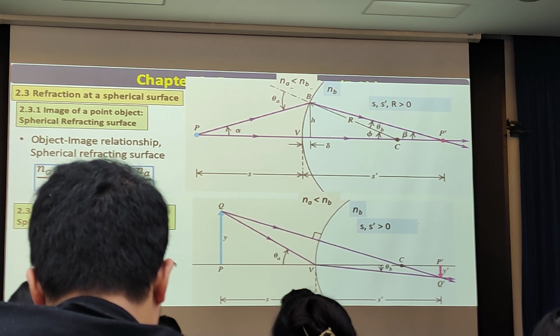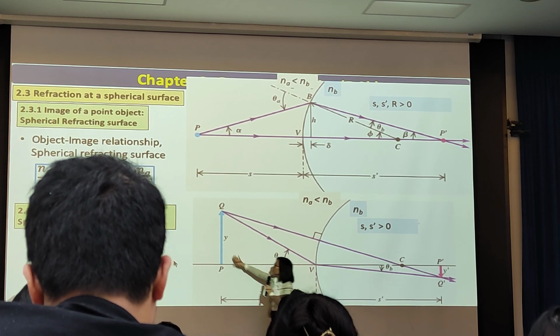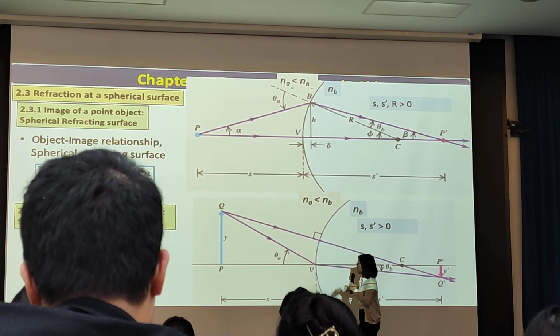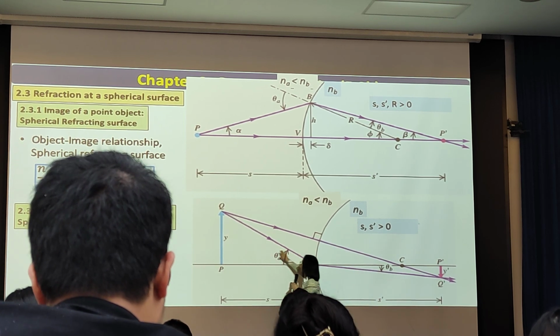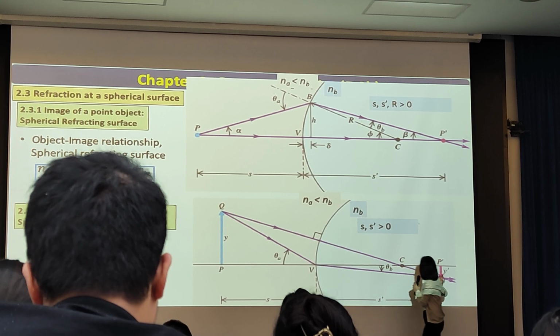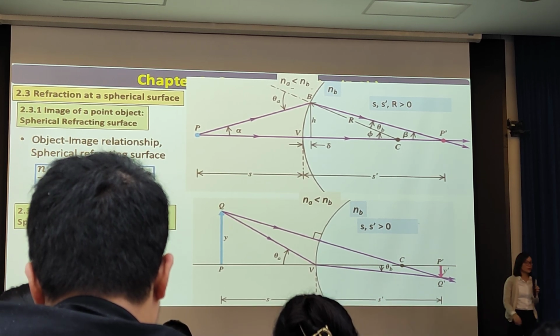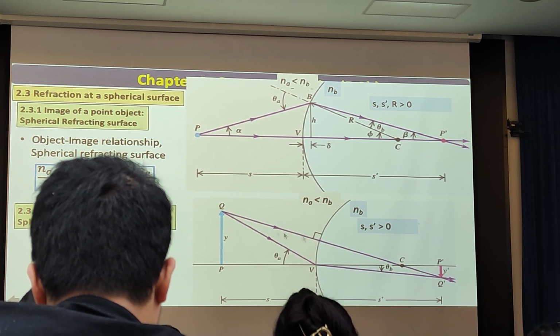So now you have an object called PQ here with the height y. So what we need to do, you will need to find the image of Q. And then we will do the perpendicular line. You have the image P prime, Q prime. So I can describe as well, and then you can draw into your notebook also.